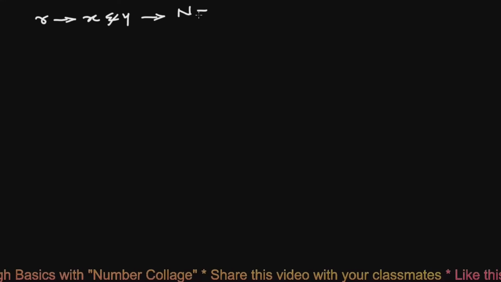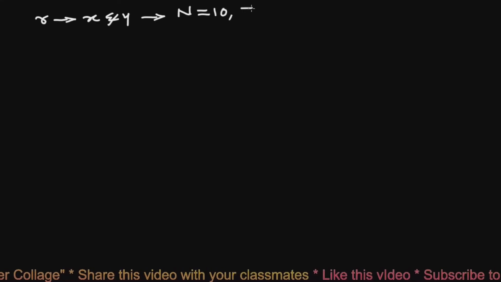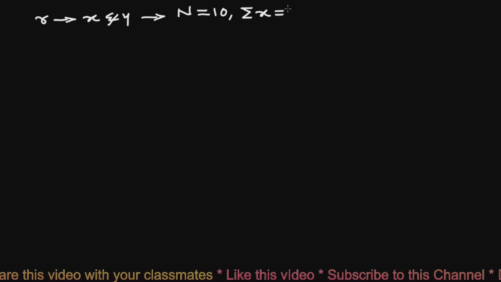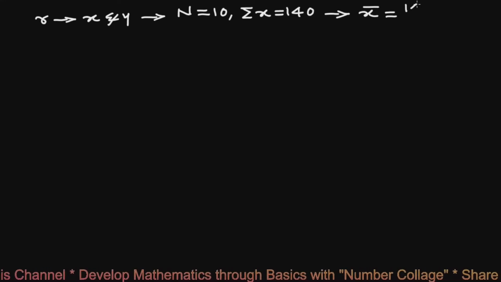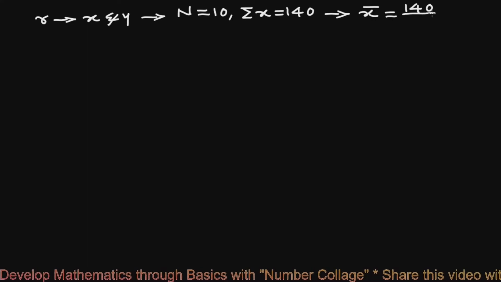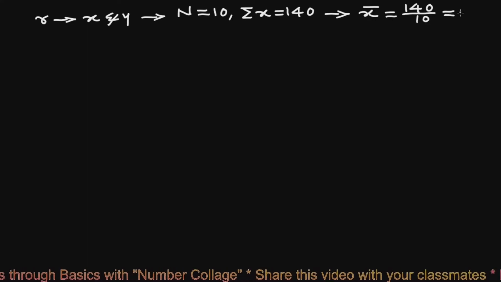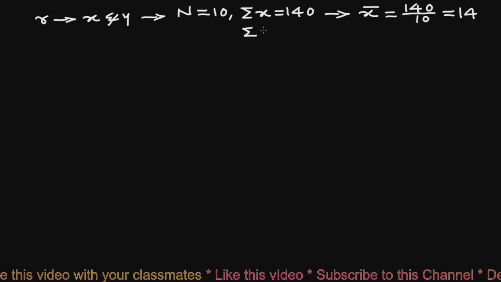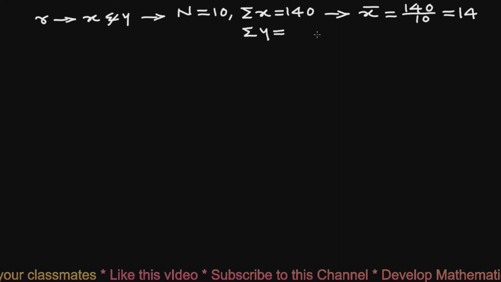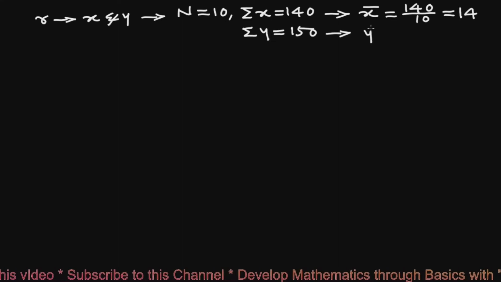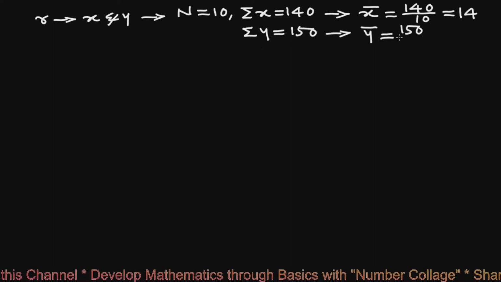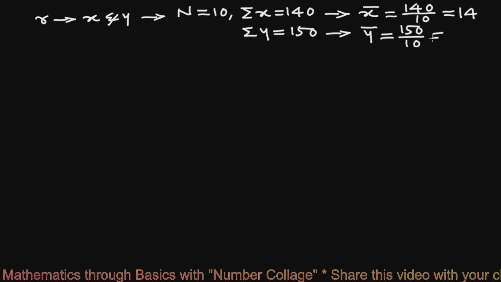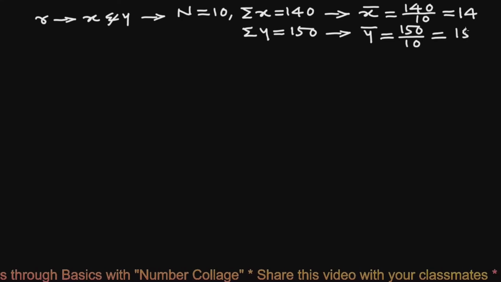We have to find the correlation coefficient r between x and y, where we are given data in the form of n equals 10, summation x equals 140. That will mean x bar equals summation x 140 upon n 10, that is x bar will be 14. Next, summation y equals 150, that gives y bar equals summation y 150 upon n 10, so that gives y bar equals 15.